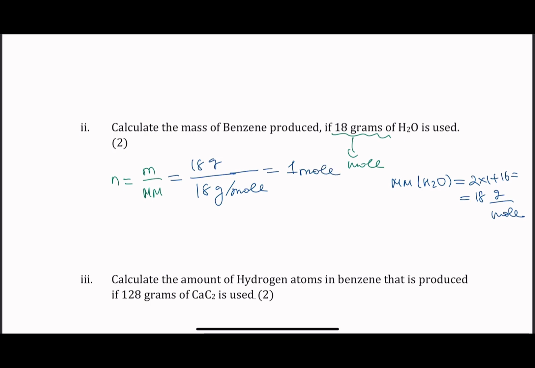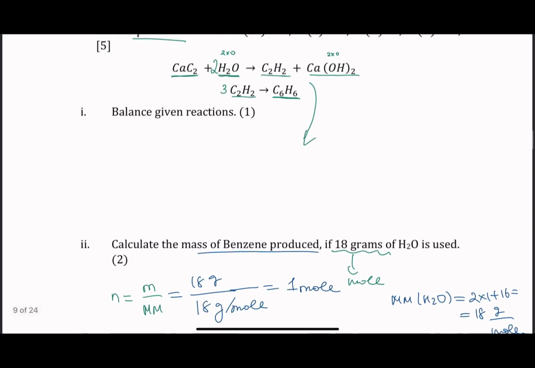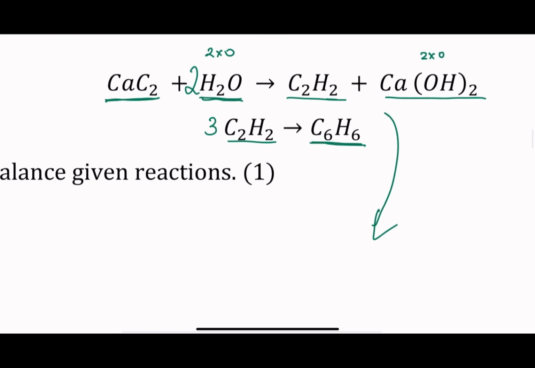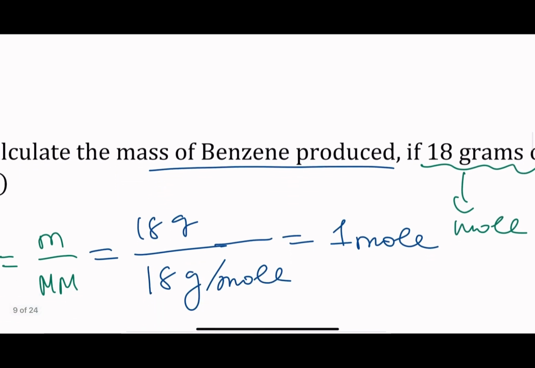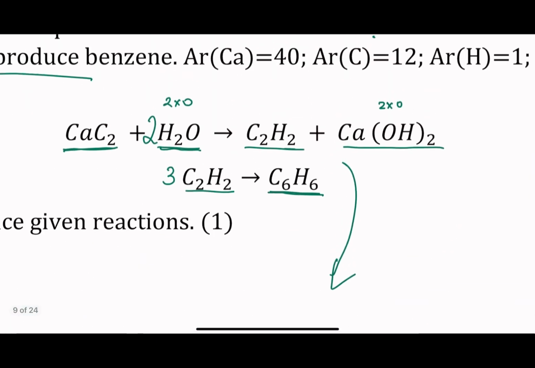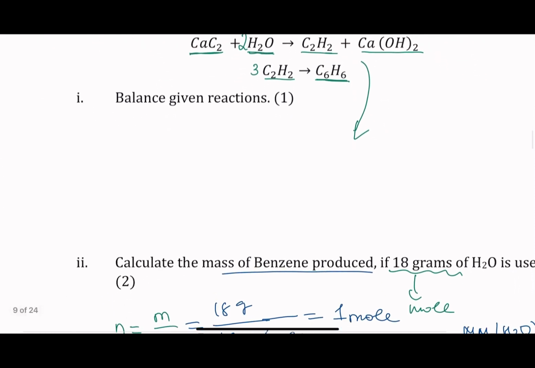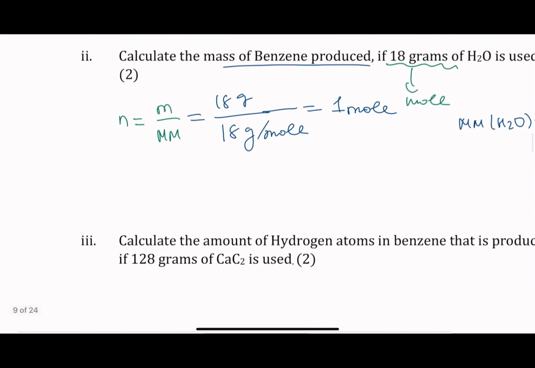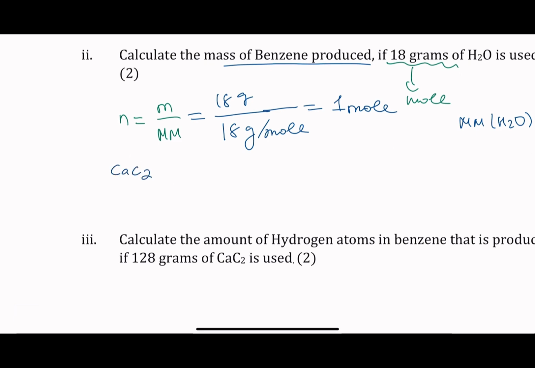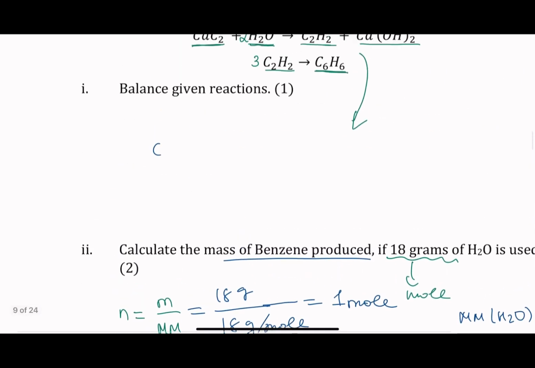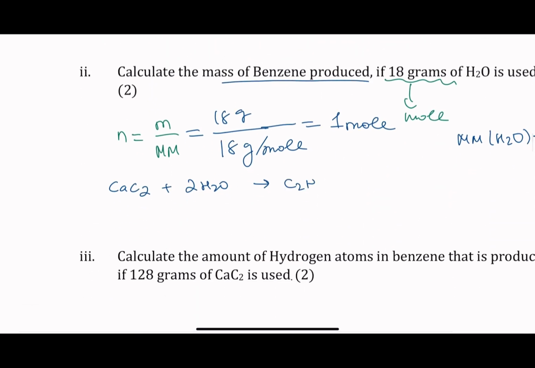So it is telling us to calculate the mass of benzene produced if 18 grams of water is used. So we have these chemical equations. You know that 1 mole of water was used. So if we write it down, calcium carbide plus 2 moles of water gives you 1 mole of C2H2 and then 1 mole of calcium hydroxide.